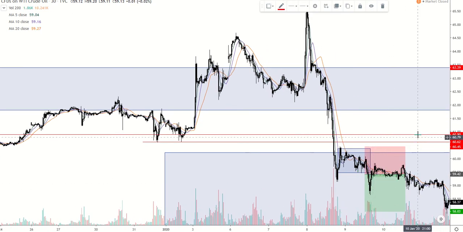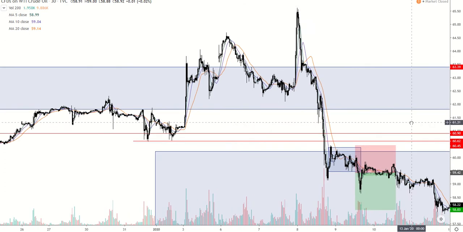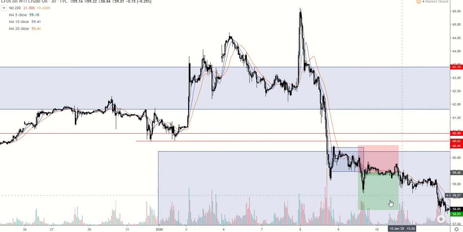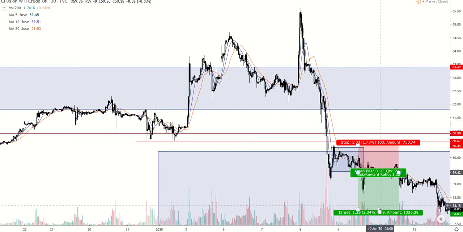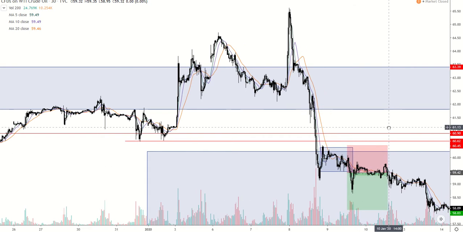There we go, we've come down. So let's just say that trade's over now, we've closed that one out at risk to reward 1.33, that's fine. We're going to move on to the next one.